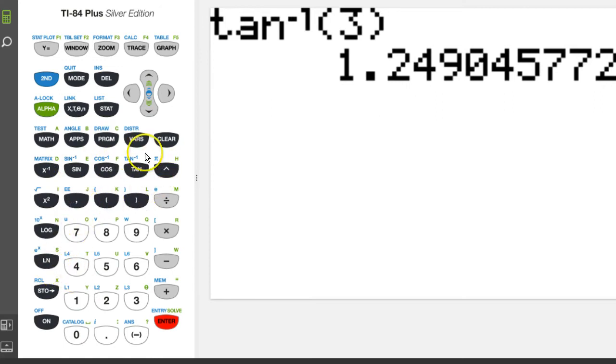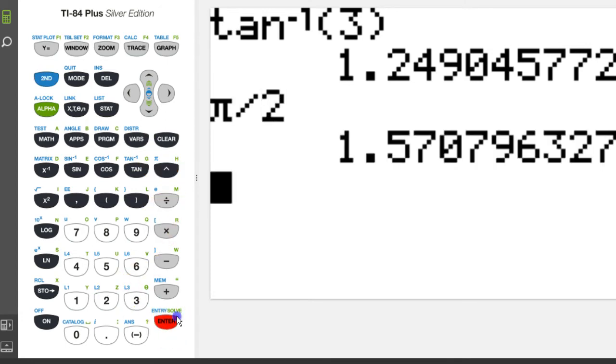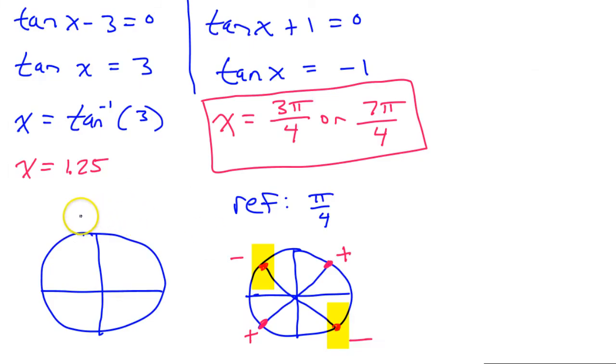Pi divided by 2. All right, so 1.57. So this is 1.57 right here at the top. So 1.25 is somewhere, something like here, let's say. All right, this is our 1.25.